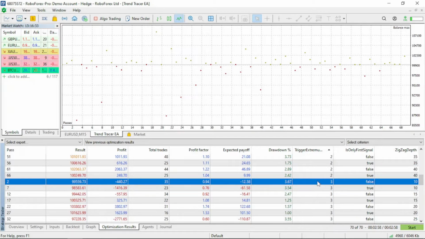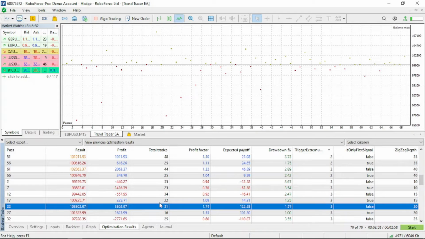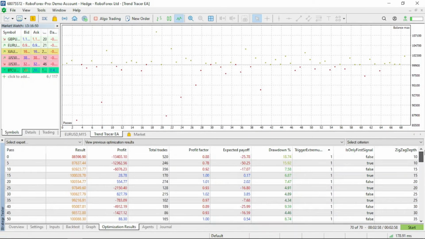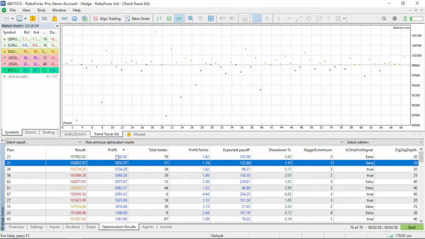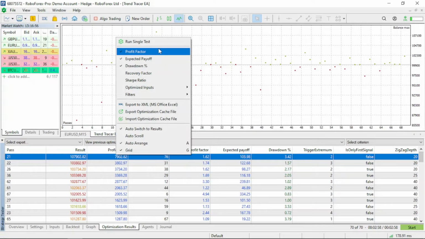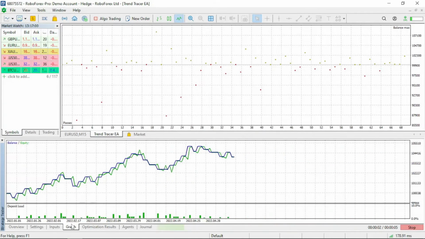What we are going to do moving forward is look for different set files that might work and then forward test these set files on a demo account before committing any money to the market. You will see as the trigger extremum level becomes higher, the amount of trades become lower. So let's sort according to profit, and I'm going to use the highest profit one for a single test.